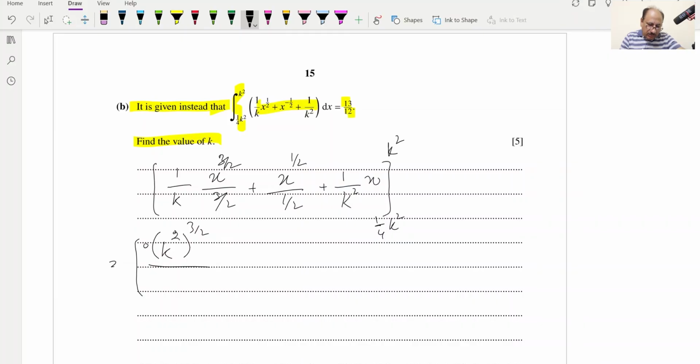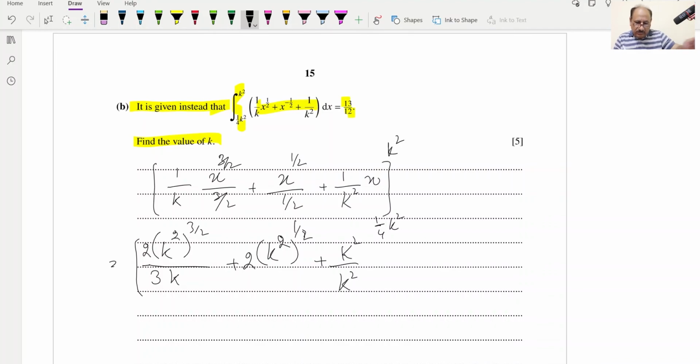We can write 3 by 2 as 2 by 3, so 2 over 3 and k, plus k squared and whole raised to 1 by 2, and this 1 by 2 we can shift over here, and plus 1 over k squared, and x value will be k squared, so we can write here k squared.